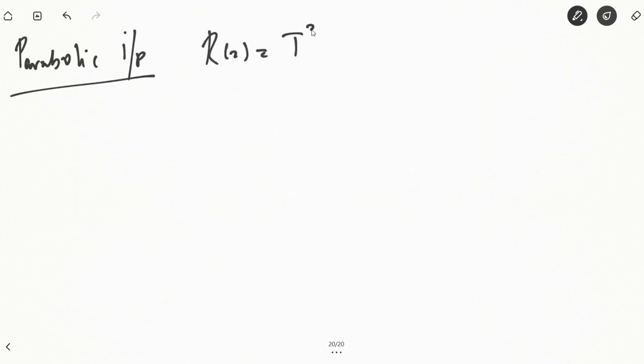Similarly, you can do for a parabolic input, where Kv is known as the velocity error constant. Parabolic input, where R(z) will be equal to T squared z (z plus 1) divided by (z minus 1) cubed.